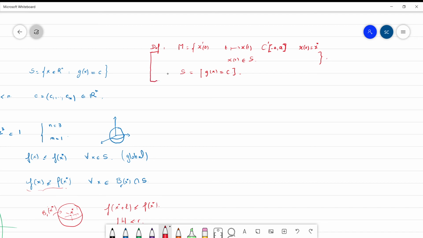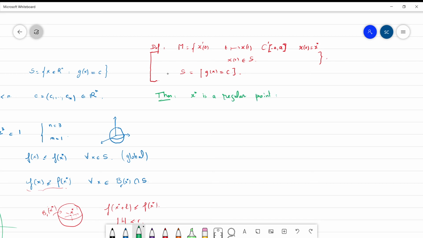This is what we want: all those tangent vectors. Can we characterize them? We have a characterization given by the following theorem. Under a certain condition, when x star is a regular point, what does it mean?